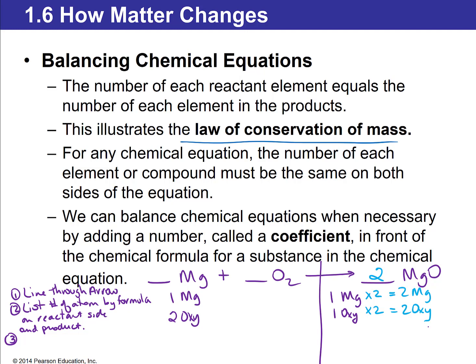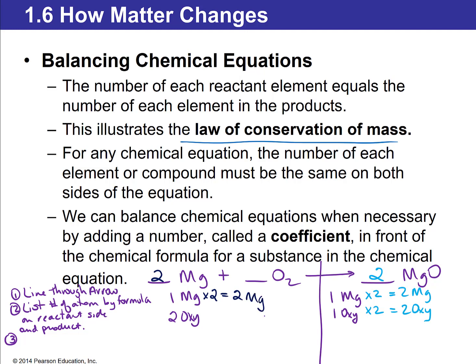So I have to go back and fix that. So now I have to go to the magnesium on the reactant side. How many magnesium do I have to start with to make 2 magnesium oxide? 2. So that 2 means that I have 2 magnesium atoms.